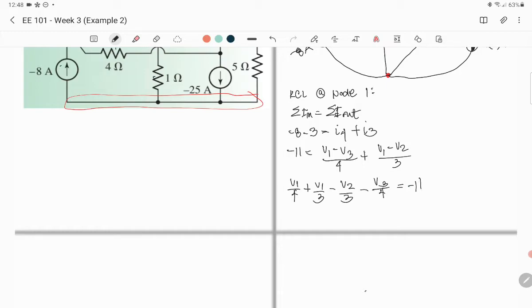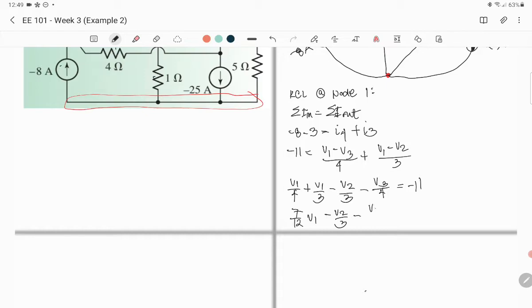Now we are ready to combine like terms so that we could simplify it further. There were 2 terms for V1, so that would be 1 over 4 plus 1 over 3, which is then equal to 7 over 12 V1. Then we have 1 term for V2, so that's going to be V2 over 3.